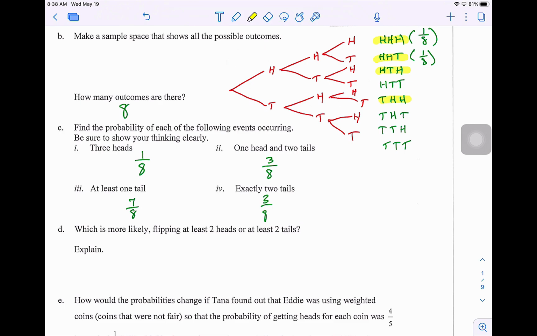So 4 of them have at least 2 heads. And if you look at the other ones, 2 tails, 2 tails, 2 tails, at least 2 tails. So it turns out that in this case they're both 4 out of 8. So they're equally likely outcomes on those 2. Flipping at least 2 heads has the exact same probability as flipping at least 2 tails.